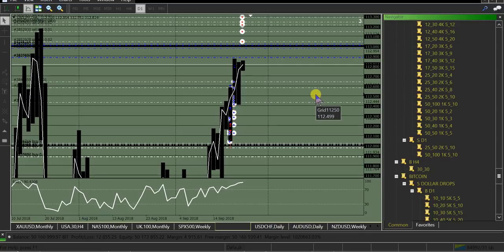I should move these up though. See, this is where I'm going to break the system. I'm going to move up my take profits to where I'm going to sell into and go the other way. Take them above the highs from July.